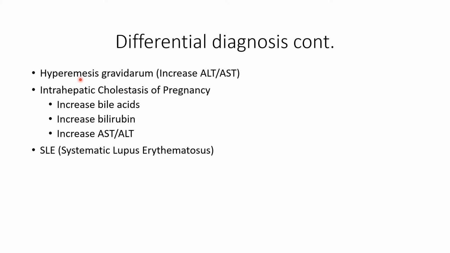Other differentials will include hyperemesis gravidarum. In that case, there will be increased ALT and AST. Also, there will be intrahepatic cholestasis of pregnancy with increased bile acids, increased bilirubin, and increased AST or ALT. Then another differential will be systemic lupus erythematosus.